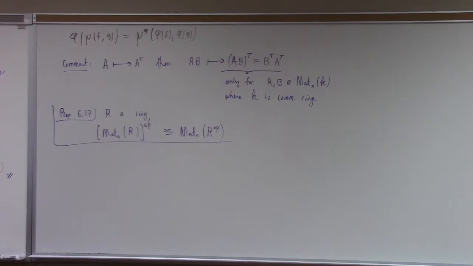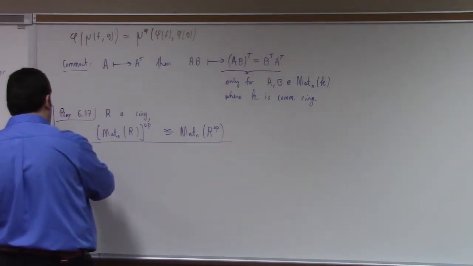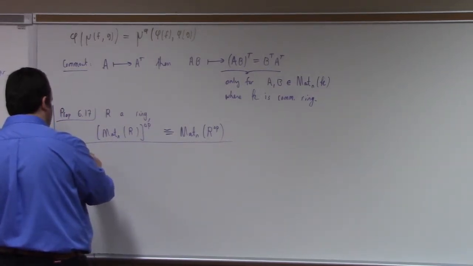All right? So, of course, we can look at, again, the isomorphism actually is going to be transposition. So, the proof is not assuming it's commutative.